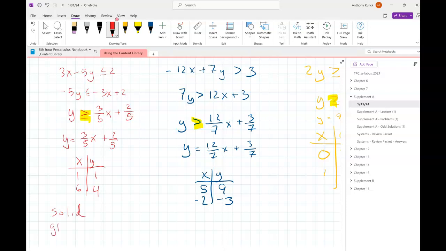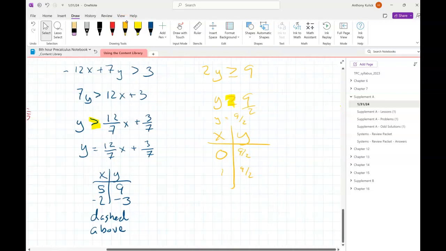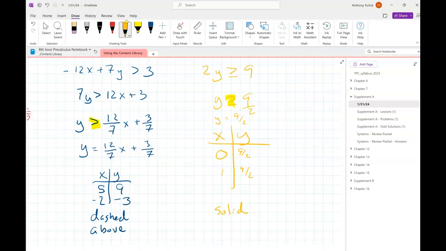And because it's greater than, I should be shading above. For the next one, since it's strictly greater than, it should be dashed, and again, shading above. And for the last one, since it's or equal to, the line is solid, and since it's greater than, I'm going to be shading above. Everybody feels okay with that? Now let's draw our picture.